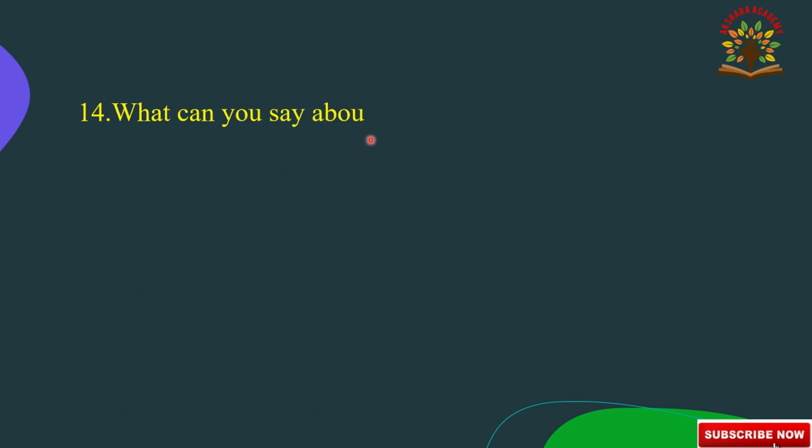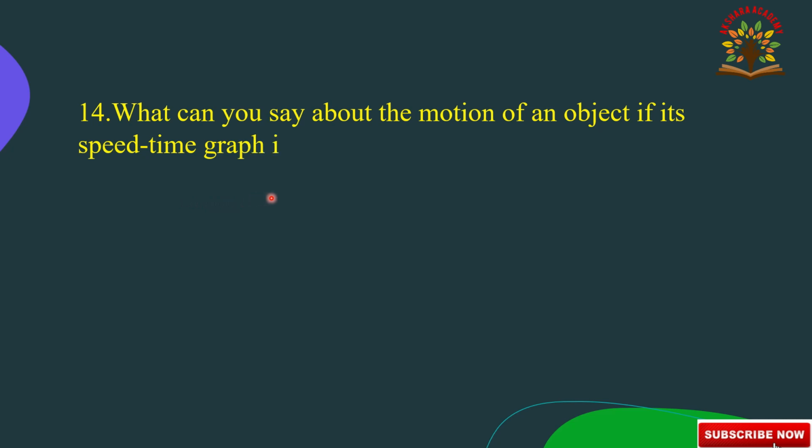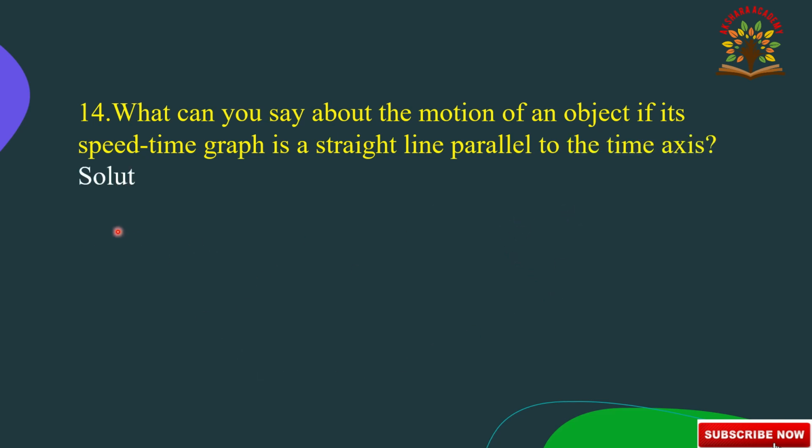What can you say about the motion of an object if its speed time graph is a straight line parallel to the time axis? Solution.